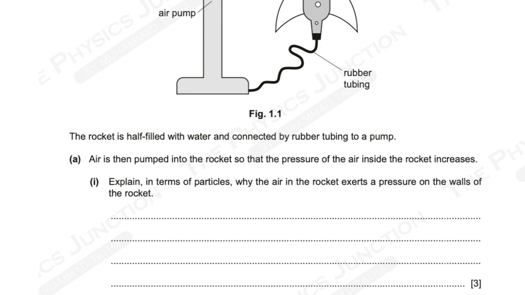A lot of people misunderstand questions like these and they try to somehow link it with temperature or volume. This is not what is asked in this question. All you need to explain is why would the air in the rocket even exert a pressure in the first place. And you always go about responding to this question in the same manner. You say this, that the air particles, in this case, otherwise you would just say particles, are in constant random motion.